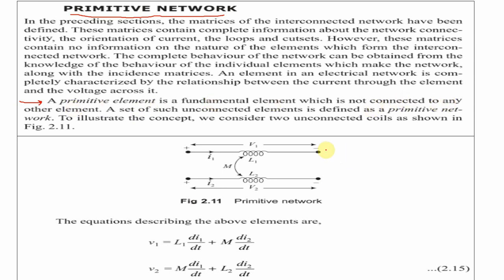This is one element, this is the second element. These two elements are not connected to each other, but they form the network. So such a network is called the primitive network. So a set of such unconnected elements is defined as a primitive network.